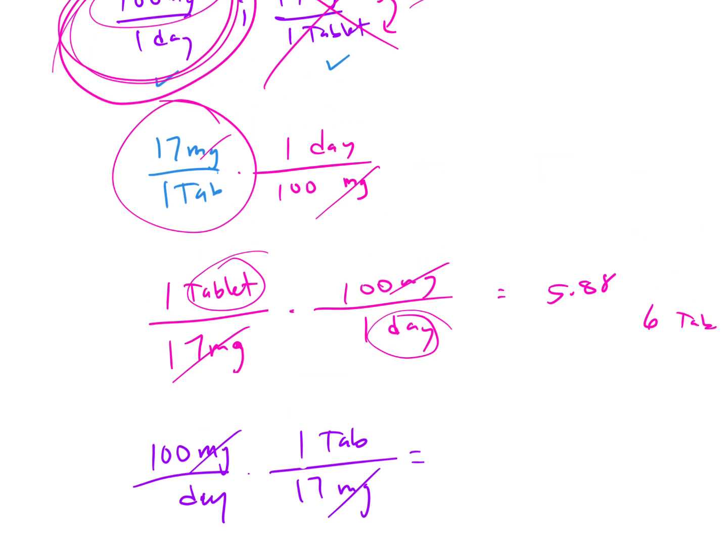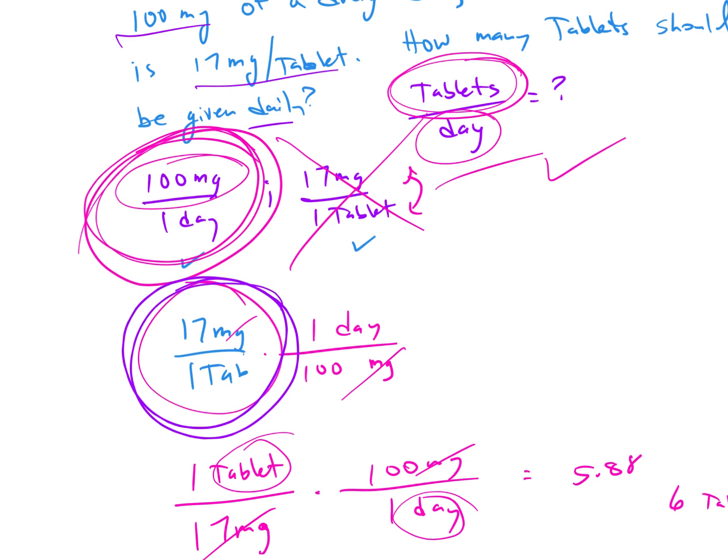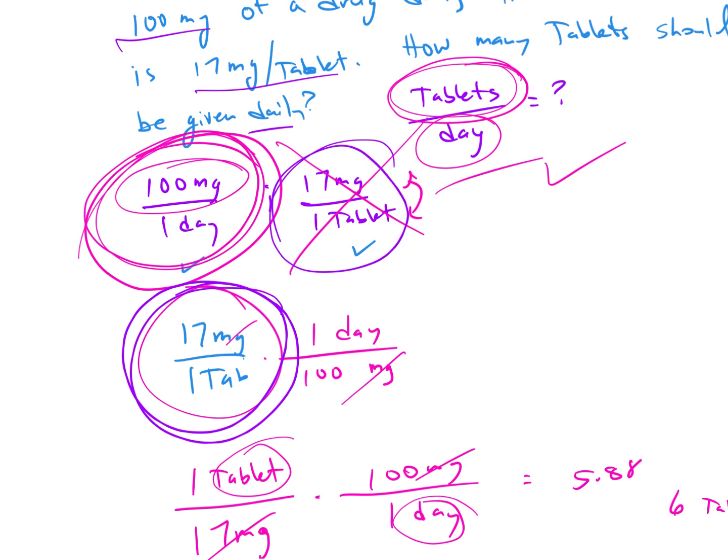No. But this one right here looks like a conversion factor. That's a conversion factor. This is what the doctor ordered us, right? It doesn't matter where you start, because it doesn't matter the order you multiply and divide in. No, it doesn't. Just make sure you end up with the correct units, in this case, tablets per day.